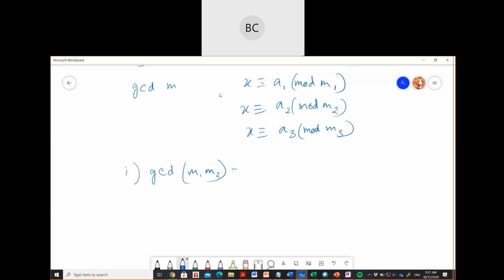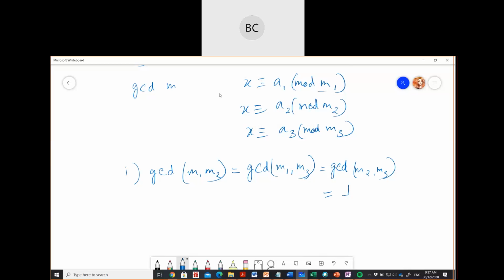First you have to make sure the condition is satisfied: GCD of M1 and M2, GCD of M1 and M3, GCD of M2 and M3, all should be equal to 1. That means all the numbers M should be co-primes.